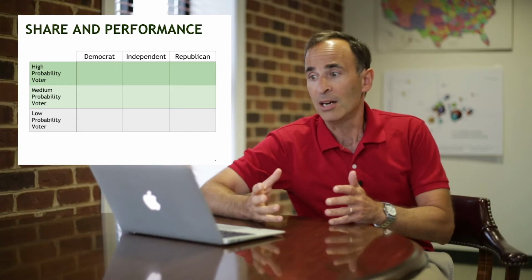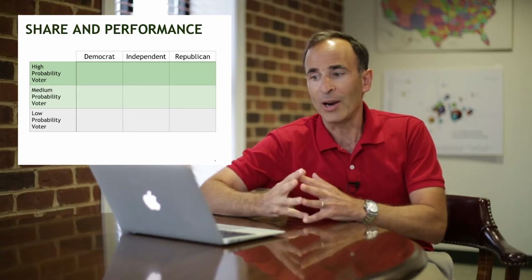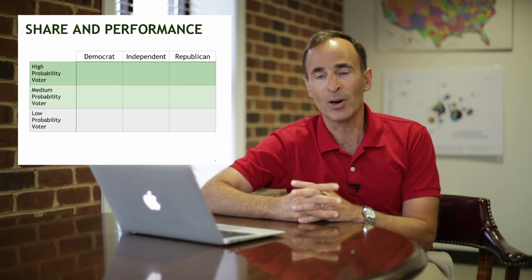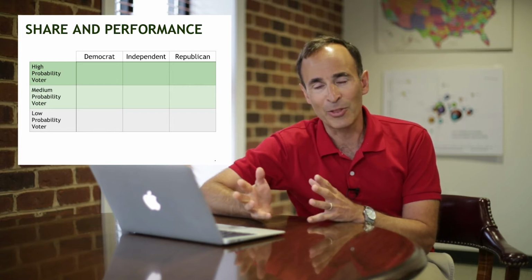Now this could be a 4x3 where you add 0 probability, or you add other nuances, other more discrete categories below each of those. But whether it's a 4x4 or a 5x5 or a 3x3 here, the concept is the same.